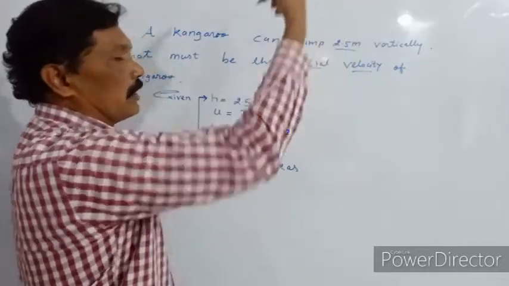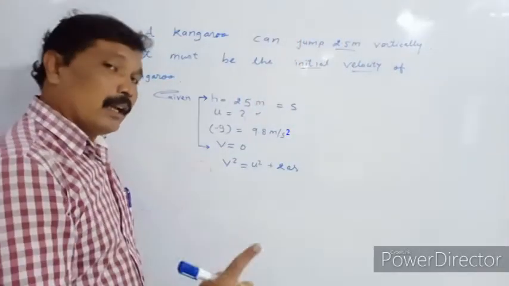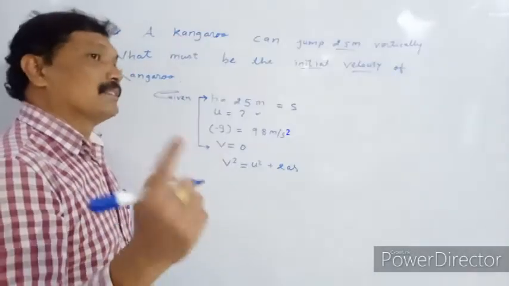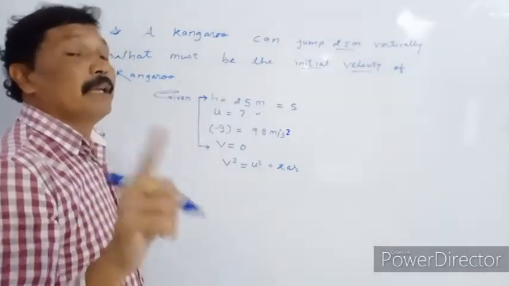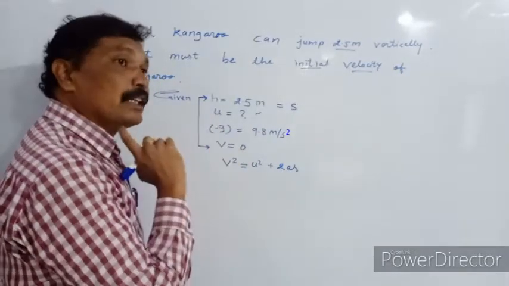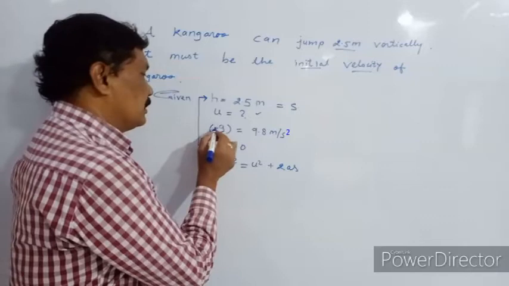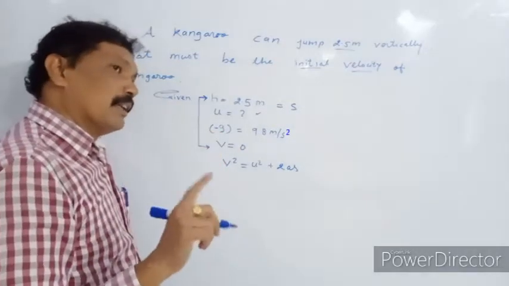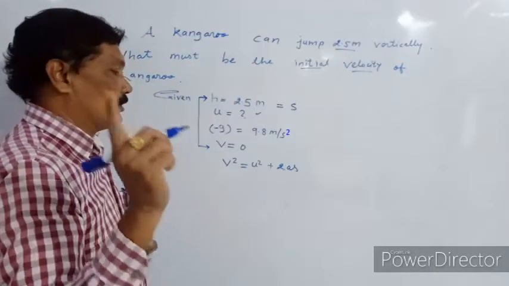when the kangaroo jumps 2.5 meter vertically upwards. Here the kangaroo is jumping against the gravitational force, so acceleration due to gravity will be minus. Acceleration due to gravity is denoted by small g and we have mentioned it as negative because it is against the gravitational force.